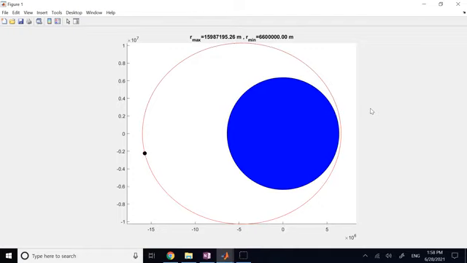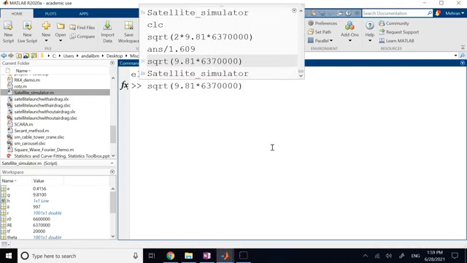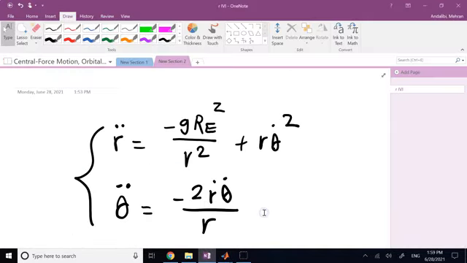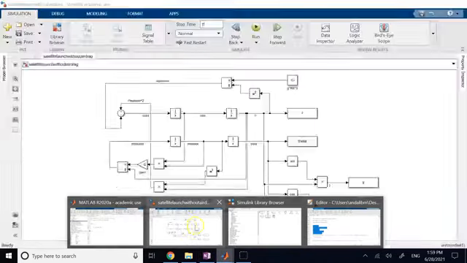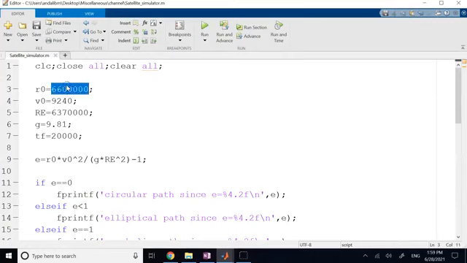Now, if you get it closer and closer to 7.9, of course, that is for launching from the surface of the Earth. Here we are not launching from the surface, we are launching above the surface, so this number is going to change. You remember the formula that we had for the circular orbit.